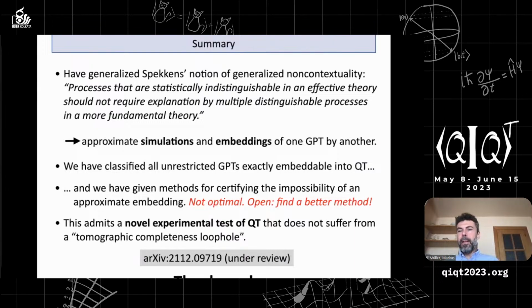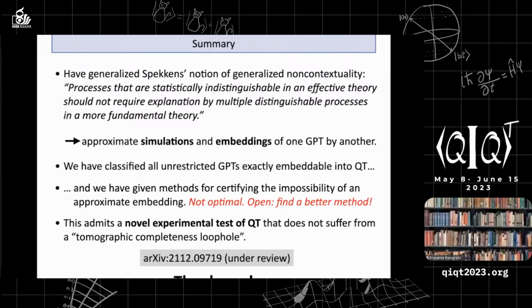Spekkens would say that if I have different procedures that prepare the same quantum state, this should not require different distributions of the hidden variables. And we say this should be true for arbitrary effective theories and arbitrary fundamental theories, when the effective theory arises from the fundamental theory in a plausible and natural way.